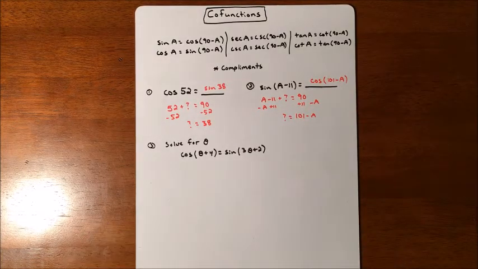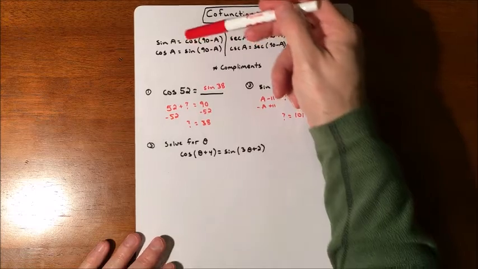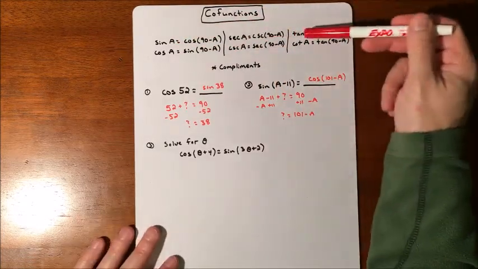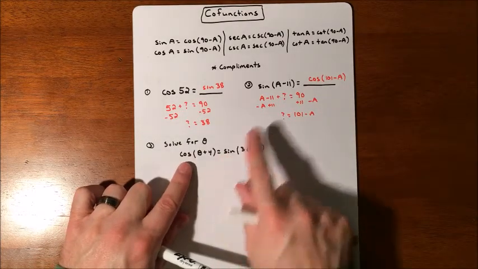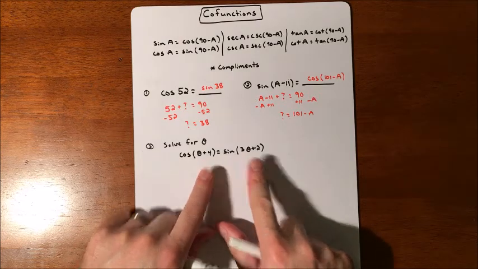So a little bit different, where you already know that cosine and sine are cofunctions of each other, so we're using this group right here. It could have been secant and cosecant, or tangent and cotangent. It really wouldn't matter what you put here as long as they're the right kind of combination. But you're trying to figure out what theta is.